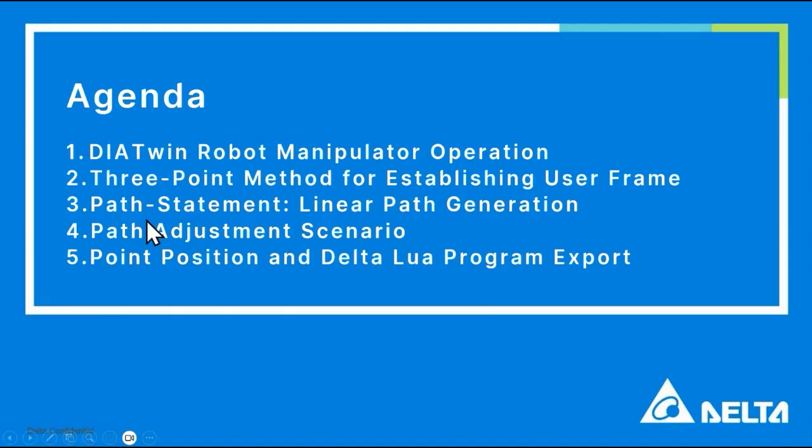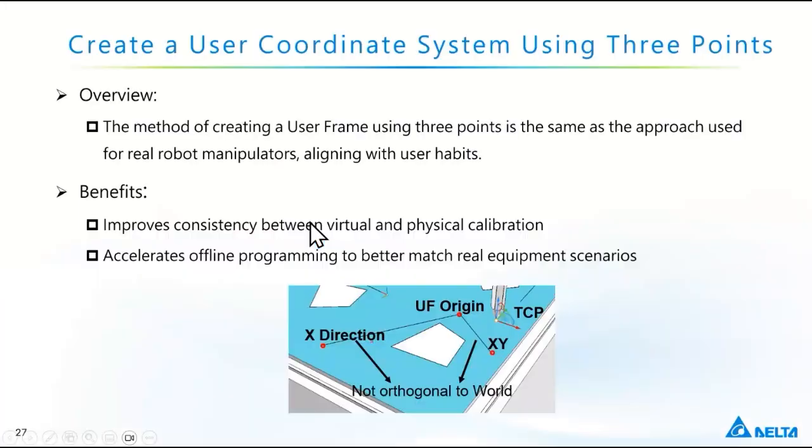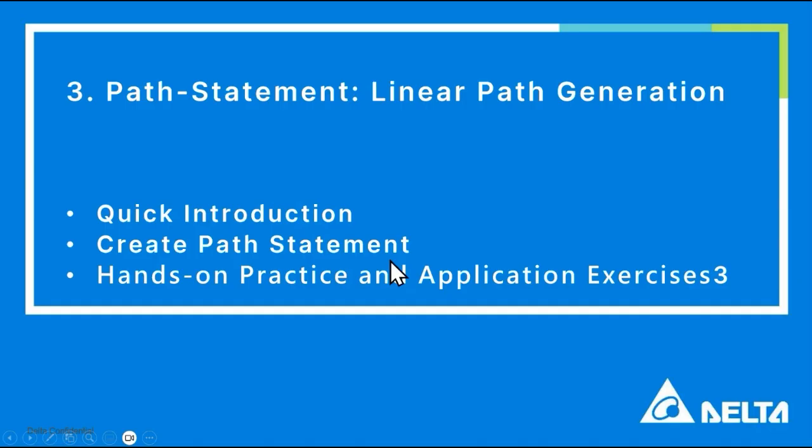For the next part, we only have 3 parts left. We're going to introduce the path statement. The path statement is a path generation tool that we can use in a CAD file to generate the trajectory and the path that the robot has to go.